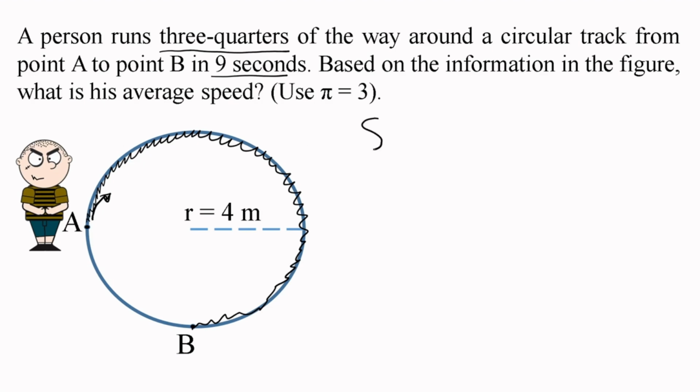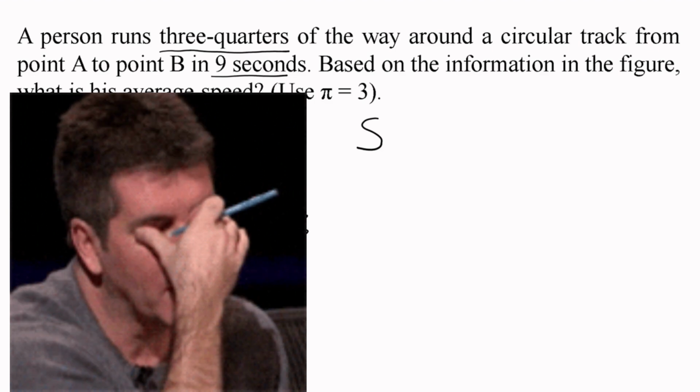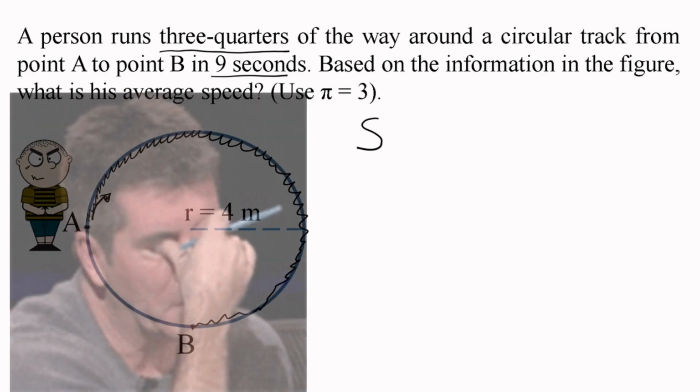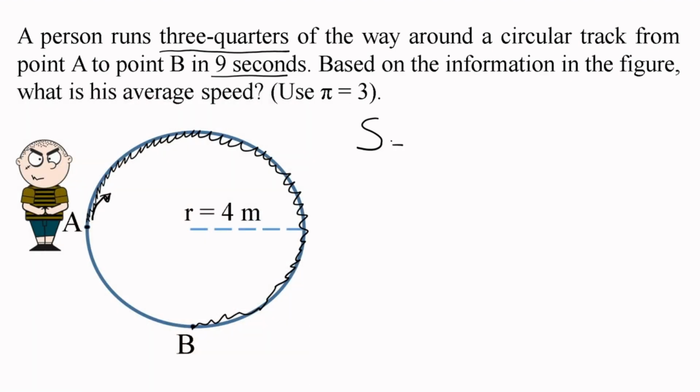What was the formula of average speed? Please do not invent different formulas for average speed. You have only one formula. S is equal to D over T, right? Do I have T? Yes, as you can see, the question told 9 seconds. What about D? Do I have the distance? No, I do not have distance, but if I pay attention to the figure, I will realize that this person, as the question also said, has passed 3/4 of the way, 3/4 of the circle.